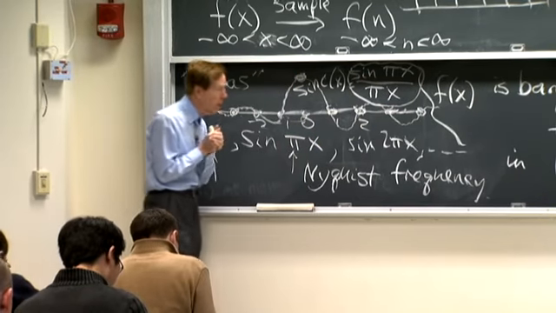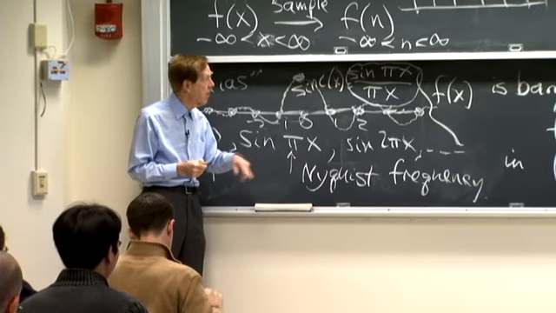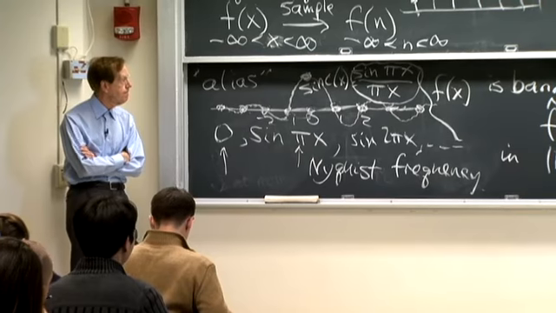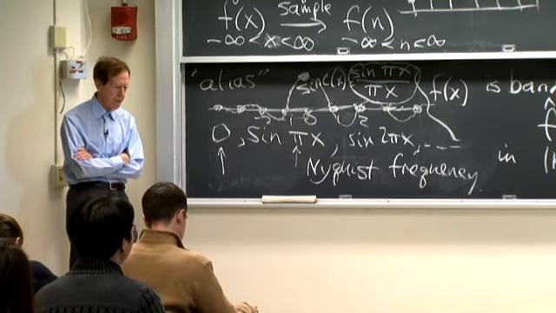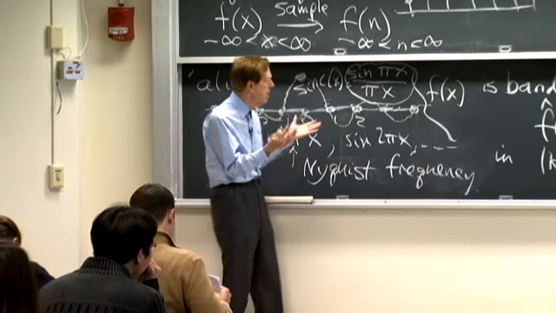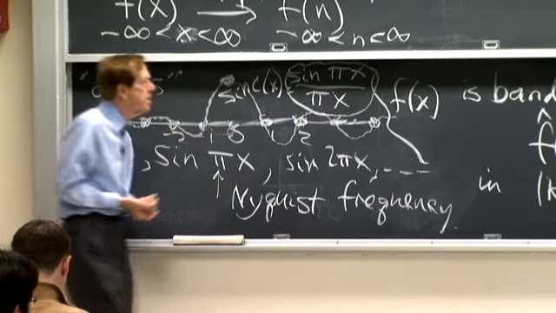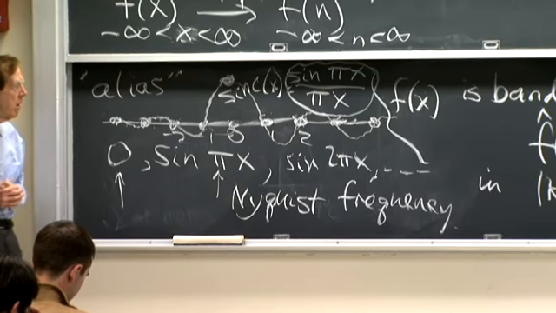Now here's a calculation. So this is our practice. What is f hat of k for that function? Now let me think how to do this one. I want to see that that is a band-limited function and what is its Fourier transform.